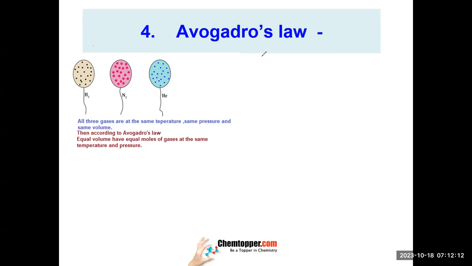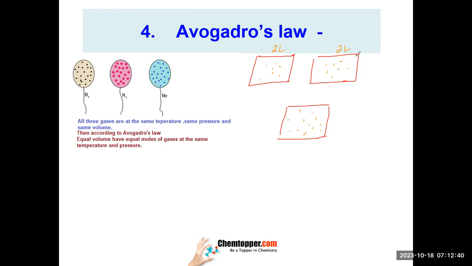Okay, there is a container. You will answer it, start thinking, but not first. Hold your answers, Arjuni, Naisha, and Arjun. There are three containers full of gases. All of these containers are of 2 liters. All of them are at STP.